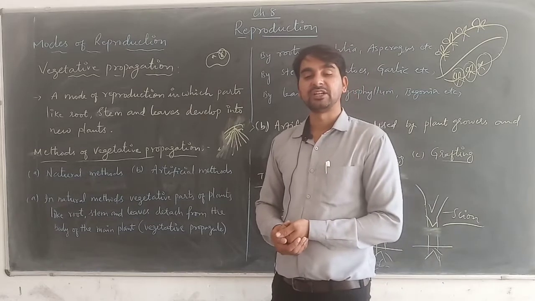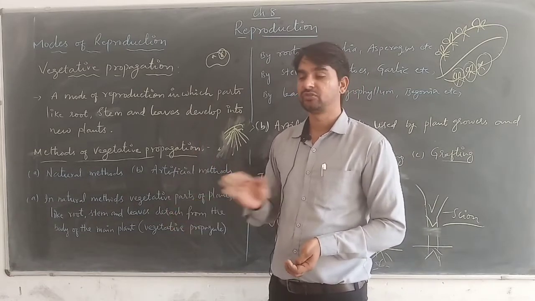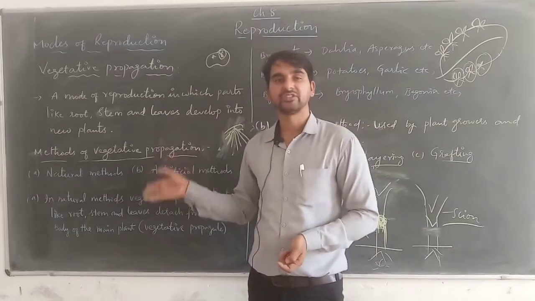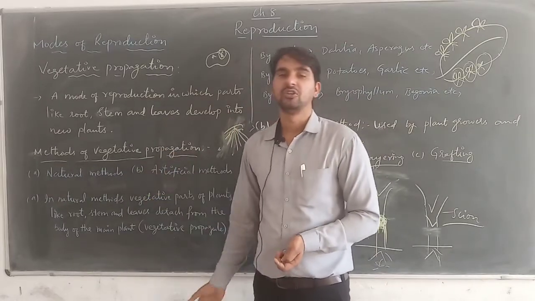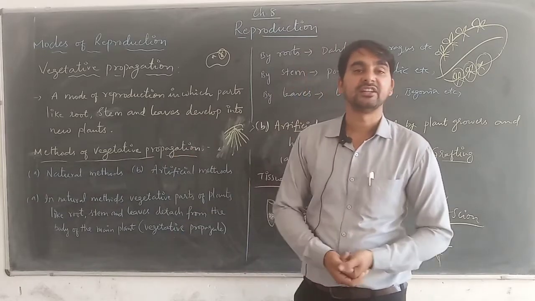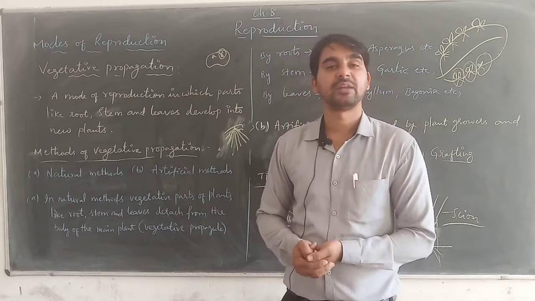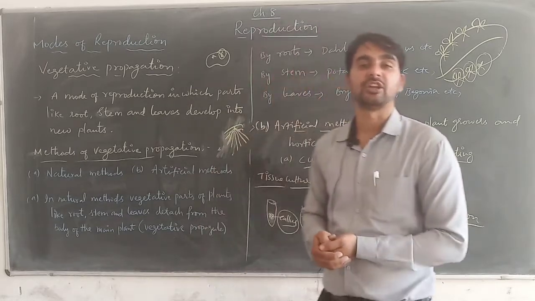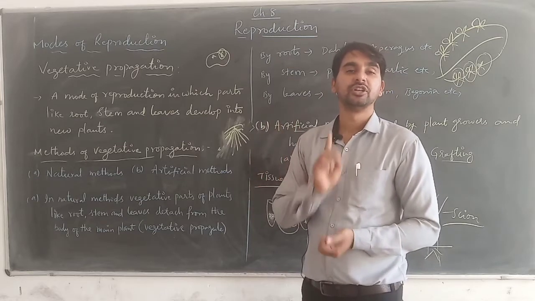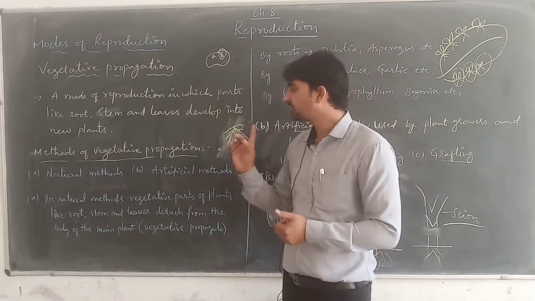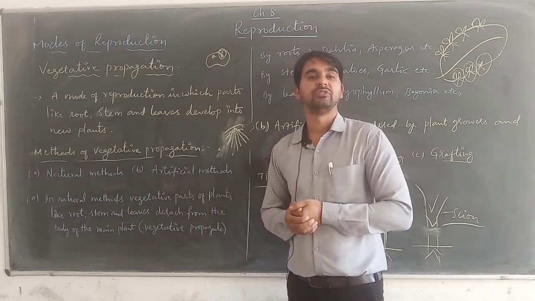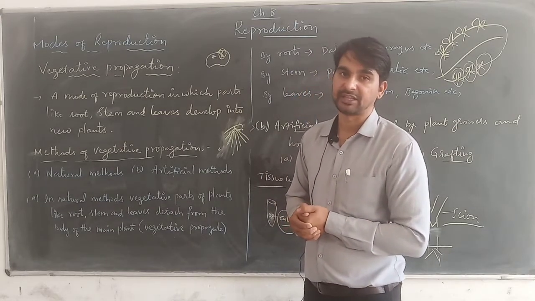So those plants which have even lost the capability to develop fruits, seeds and flowers can also give rise to new plants, obtained by using their vegetative parts. Secondly, similar types of plants can be obtained on a large scale, in large numbers, through this vegetative means of propagation. That is what is happening. Those are the advantages we have through these vegetative propagation methods.